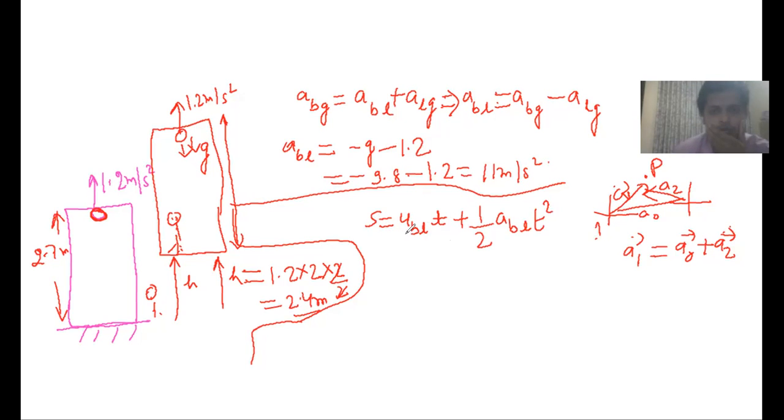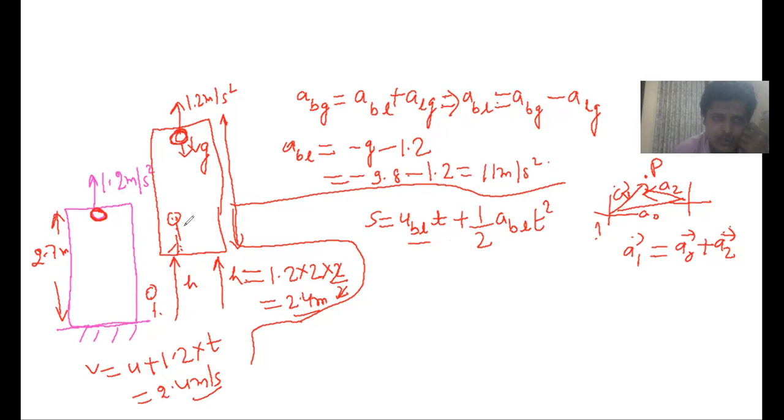Now, u of bolt with respect to lift: the bolt is stationary, because in 2 seconds this lift has got a speed of u equals 0 plus 1.2 into 2, that will be 2.4 meter per second. So this bolt also has a speed of 2.4 meter per second with respect to ground.